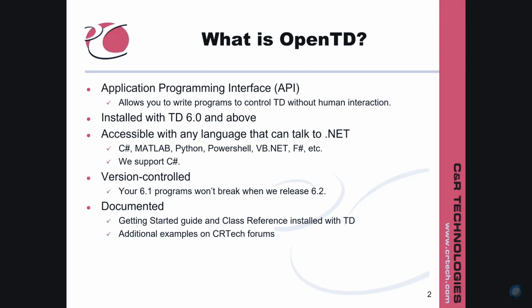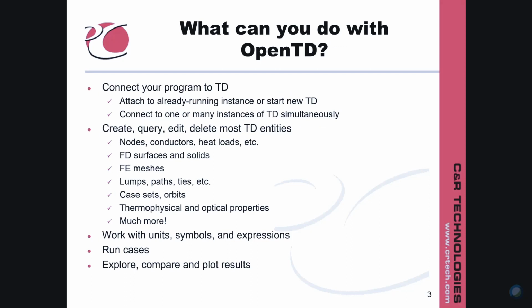If you want to upgrade and start using the new features that are in OpenTD 6.2, you can do that, but you don't have to. And it's documented. There's a getting started guide and a class reference document that are installed with Thermal Desktop. Plus, we have a bunch of additional examples on the forums.